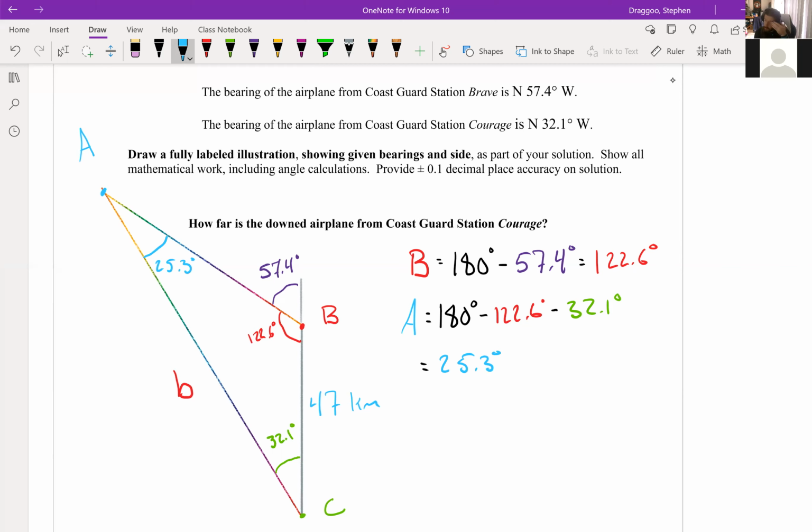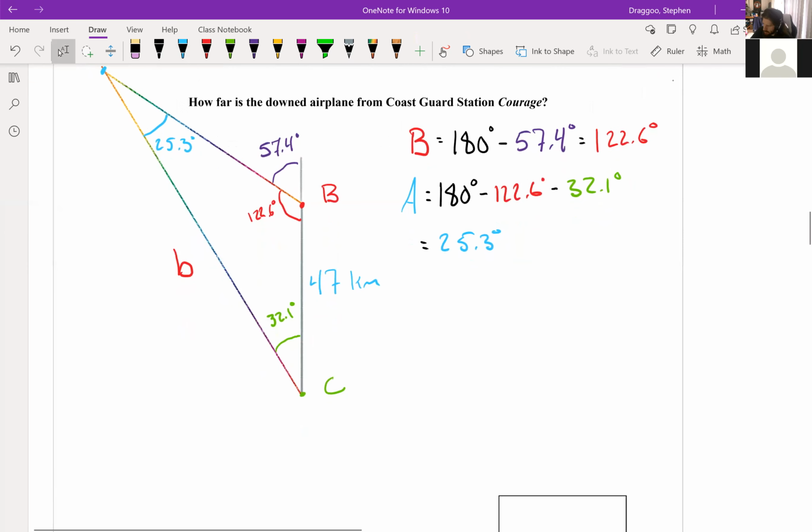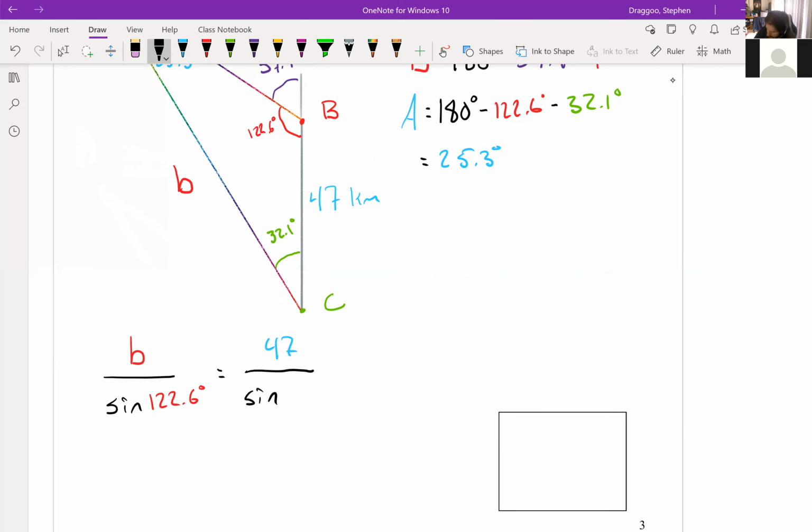So now that we have all of those angles put together and we know at least one side, we should be able to use the law of sines to get that missing side length, B. So B divided by the sine of angle B, which is 122.6 degrees, should be equal to 47 divided by the sine of the angle opposite it, which is 25.3 degrees.